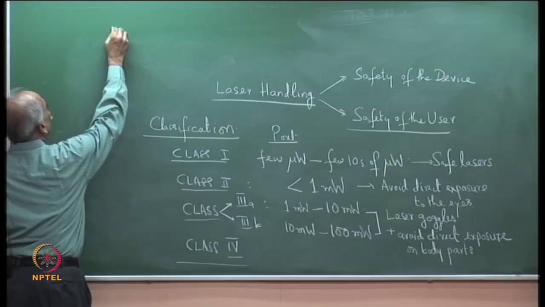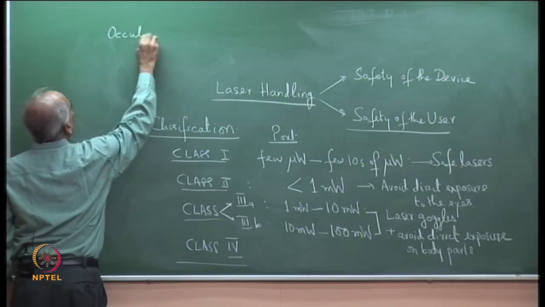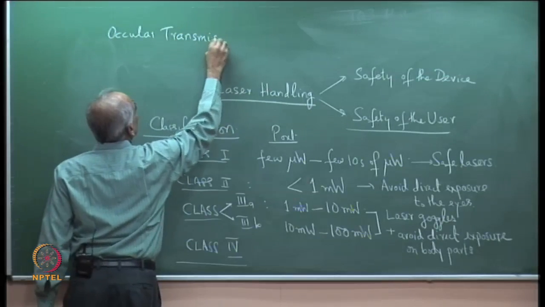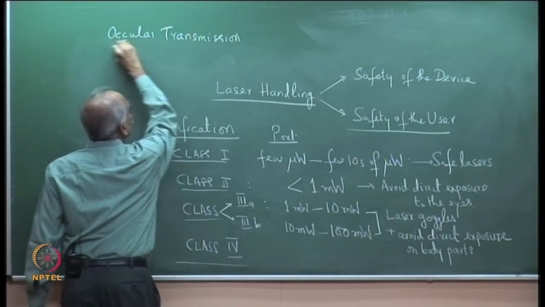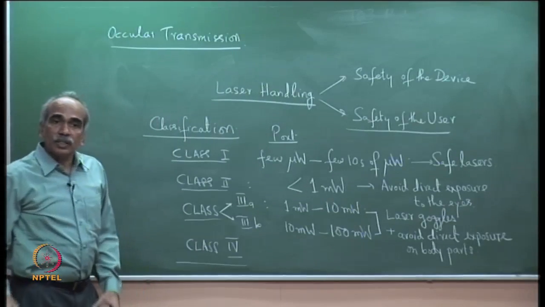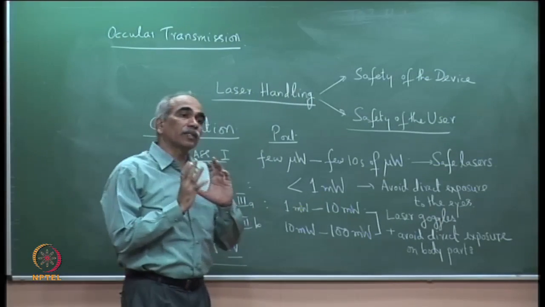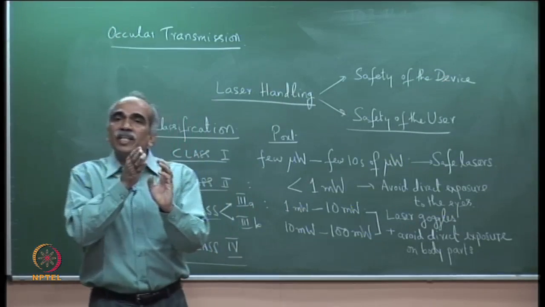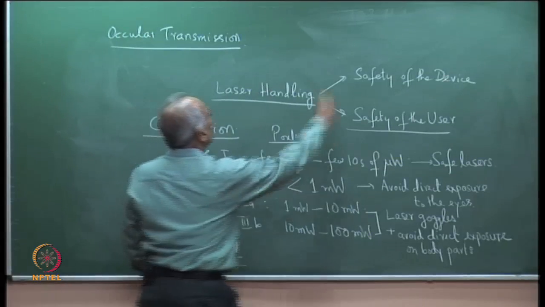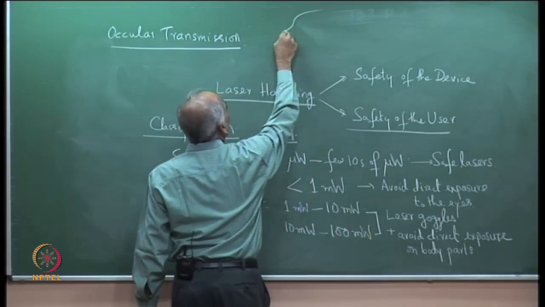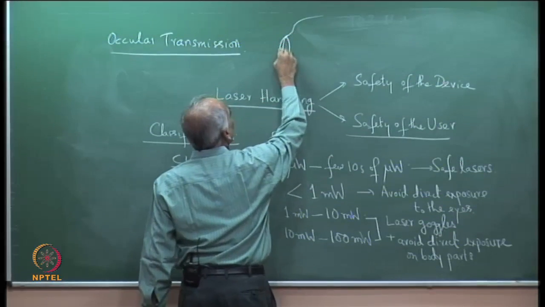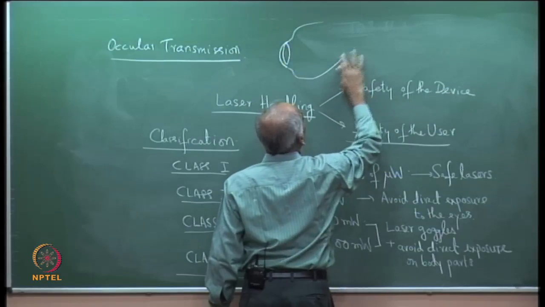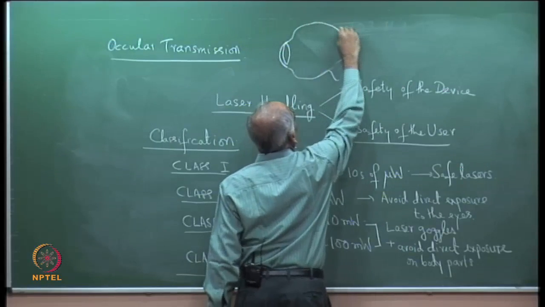There is something called ocular transmission. Ocular transmission is the fraction of energy transmitted from the eye lens to the retina. So this is your eye, or my eye.